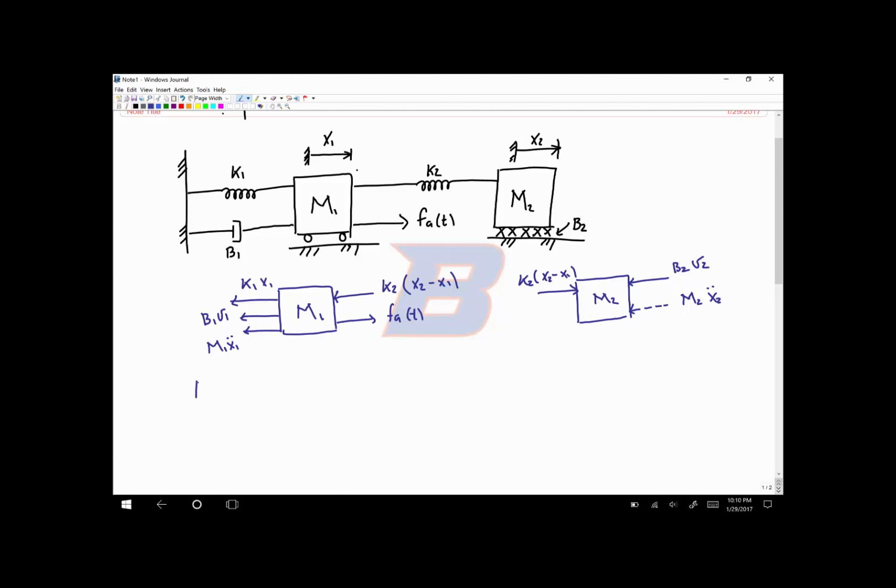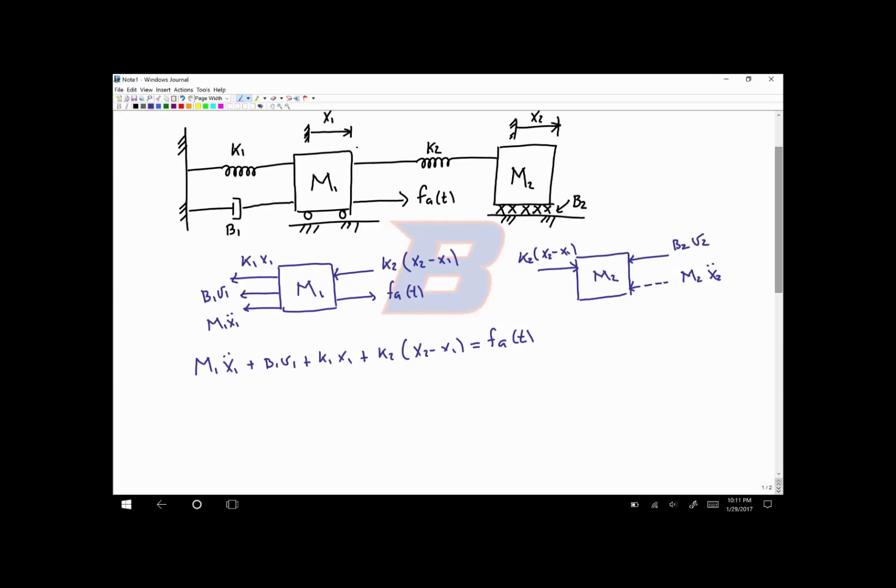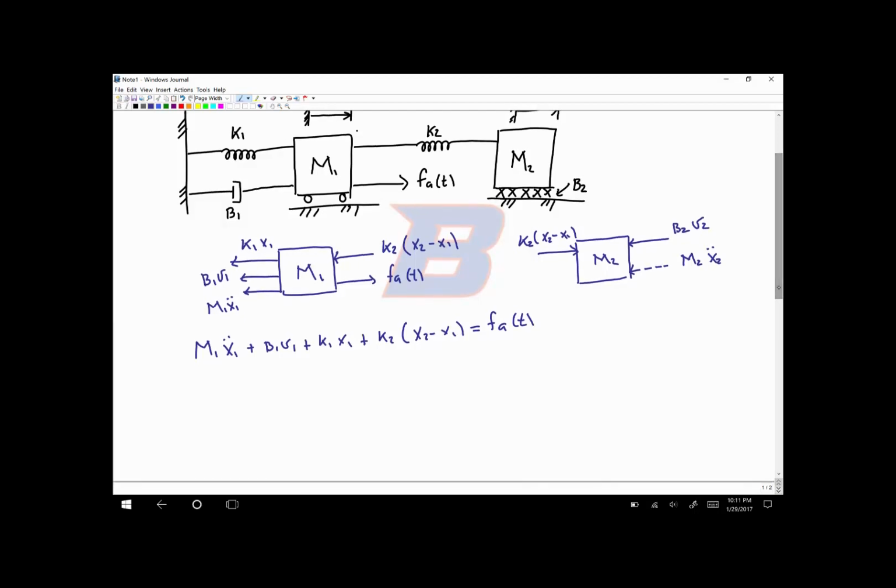So in this case, I'll have M1 X1 double dot plus B1 X1 dot plus K1 X1 plus K2 times X2 minus X1 equals f_a(t). Okay, so I have all the forces going to the left equal to the forces going to the right. Or if you have f_a on the left-hand side, that will be equal to 0, which is D'Alembert's law.